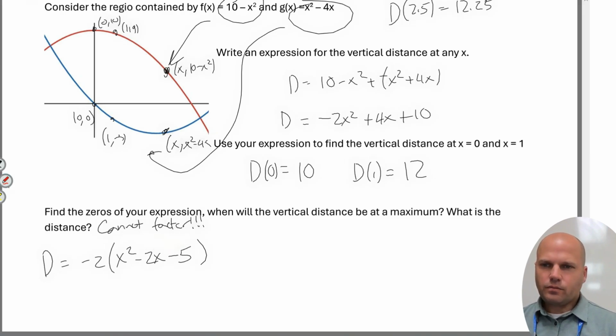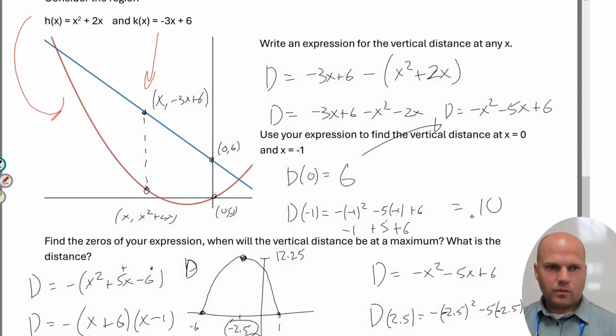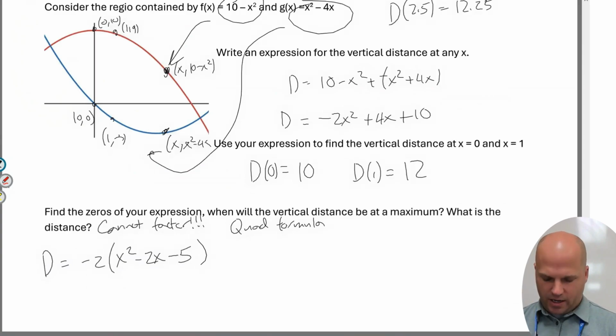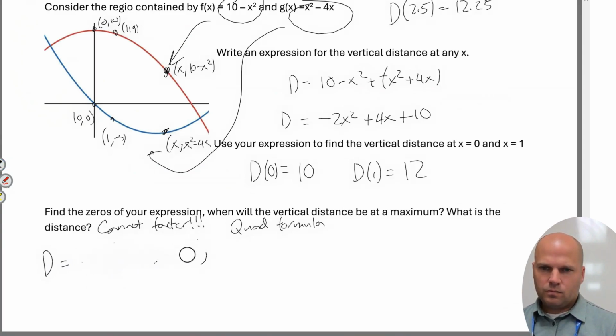So, heads up, we have to use the quadratic formula. Now, what's great about the quadratic formula is the following. It shows you the symmetry of a quadratic. Let me show you. Let's just go back and know that we can't factor and use the quadratic formula.